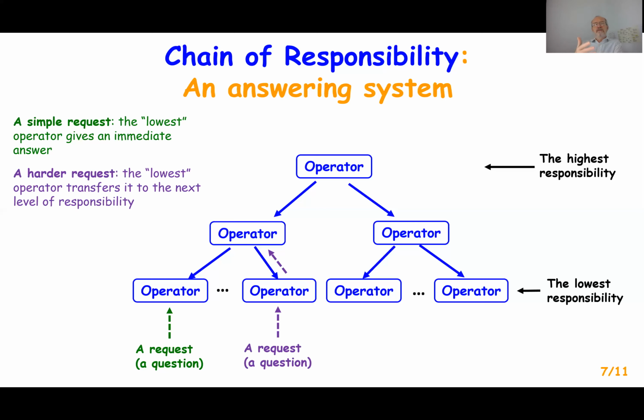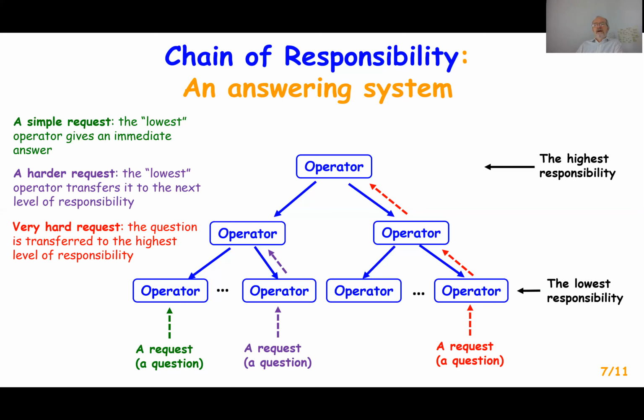Suppose, in this case, the higher level operator is able to give the response. In that case, the act of communication terminates successfully. Operator gives the response.